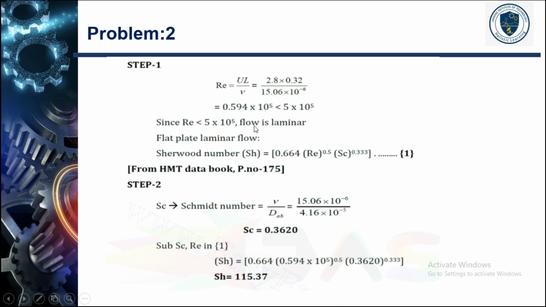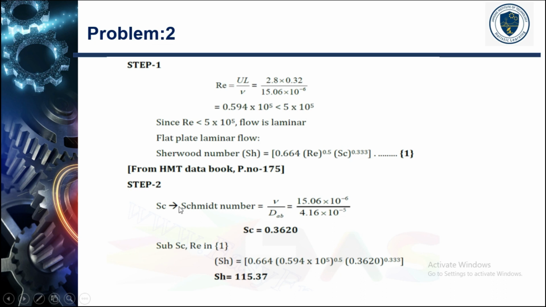The Reynolds number value is less than 5 into 10 power 5, so this problem comes under the category of laminar. Once again, we do it for average, not for local. So we take the correlation, that is 0.664 into Reynolds number to the power of 0.5 and Schmidt number to the power of 0.33. We don't know the Schmidt number here.